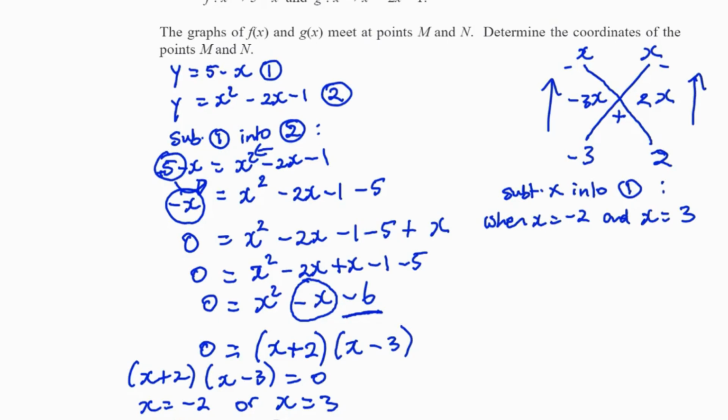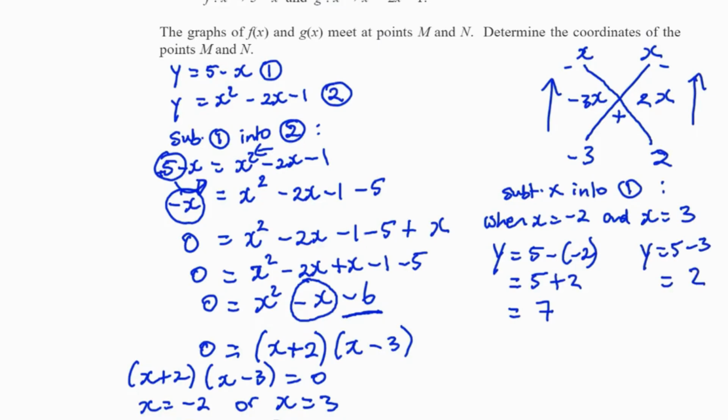When x is equal to minus 2, y is equal to 5 minus minus 2, which is equal to 5 plus 2, which is equal to 7. And when x is equal to 3, y is equal to 5 minus 3, which is equal to 2.